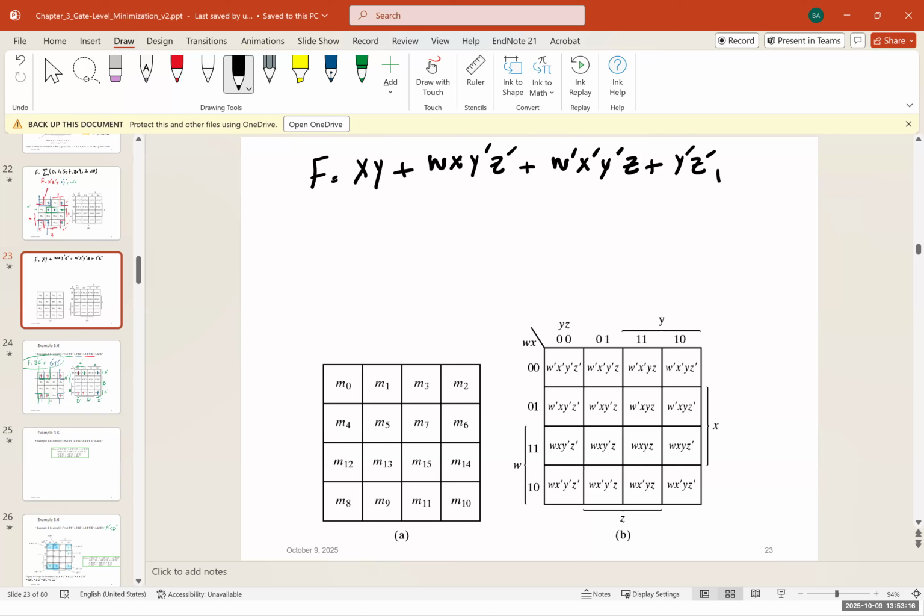Let's add another part as well, plus w prime z prime. I want to make it so it becomes much more simplified. So xy plus wx y prime z prime plus w prime x prime y prime z plus y prime z prime plus w prime z prime.